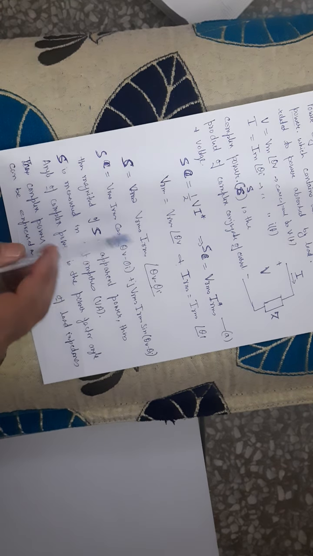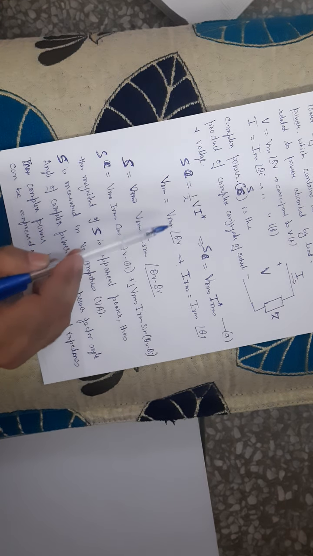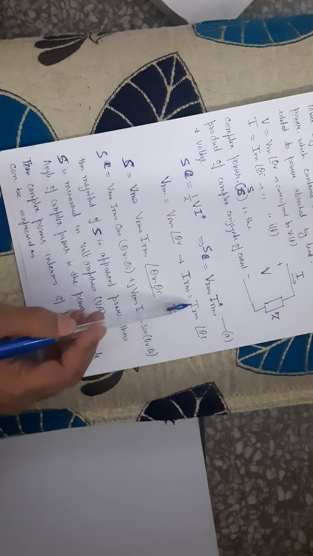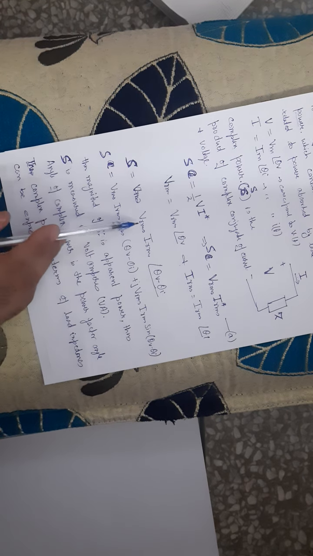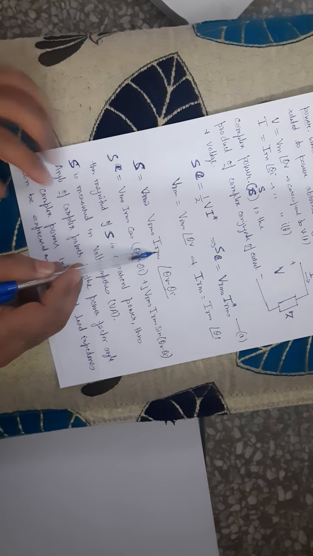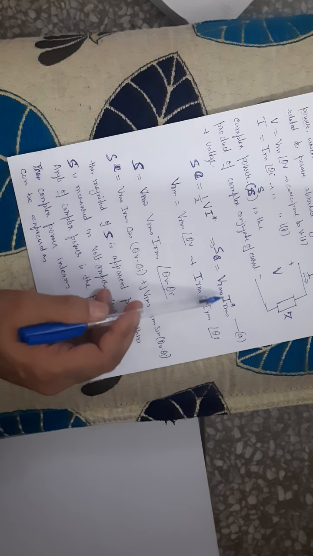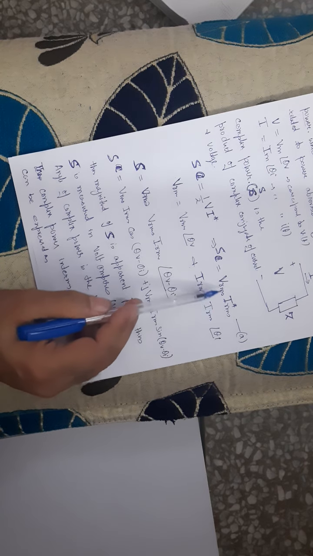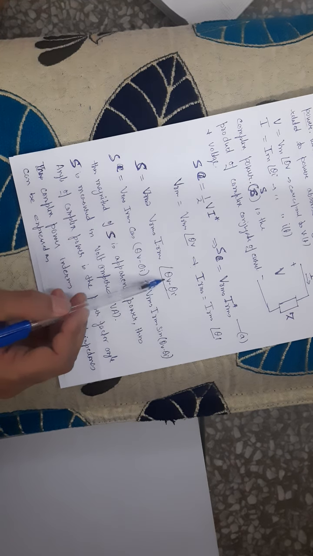So the complex power will be Vrms into Irms angle theta V minus theta I, because we are taking the complex conjugate here. Please remember that this Vrms and this Irms are not in phasor form. Then I am getting S, complex power, equal to Vrms Irms into angle theta V minus theta I.